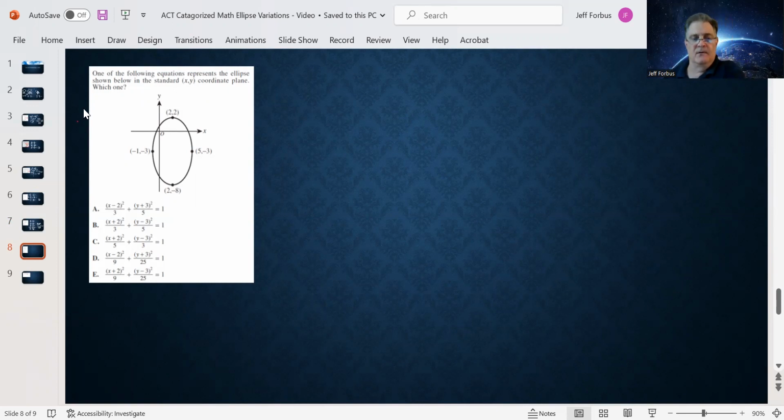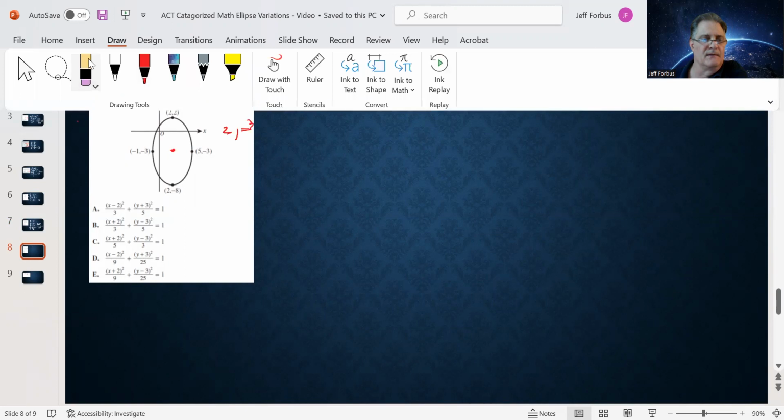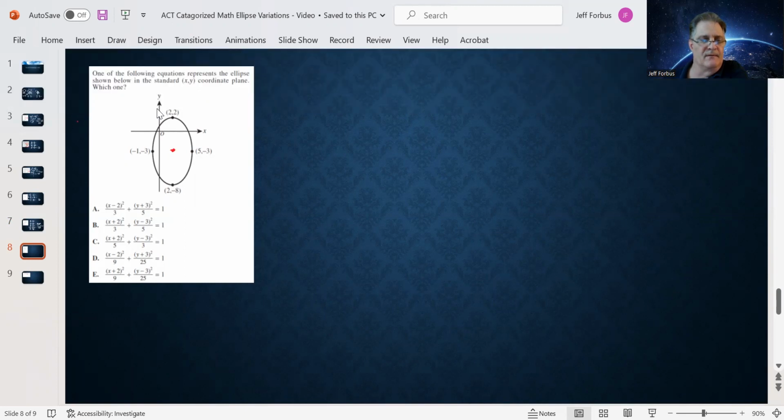Which one? Well, we know that the center of the ellipse is going to be right here. That's going to give us a 2 and a -3. Oh, that looks bad. Let me fix this. Let me put it down here.